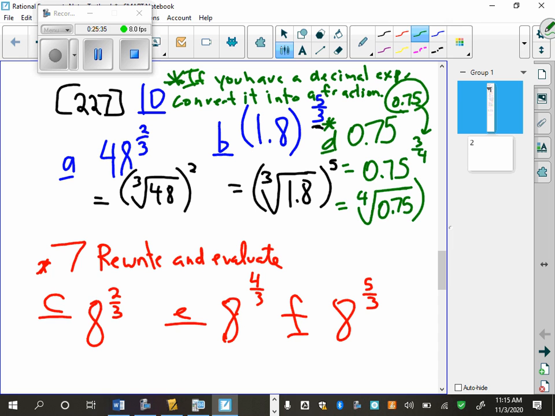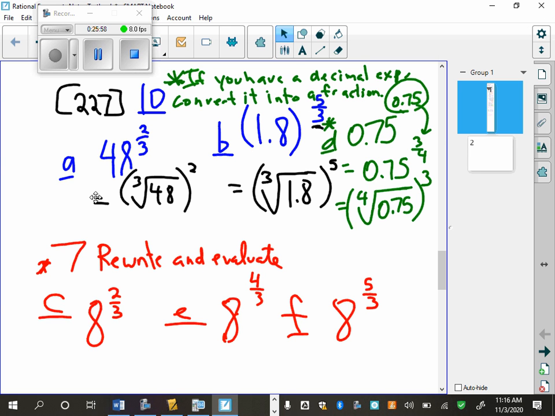The fourth root of 0.75, all cubed. Everyone say the fourth root of 0.75, all cubed. All means brackets. Good job, might as well talk like a professional math student as well.